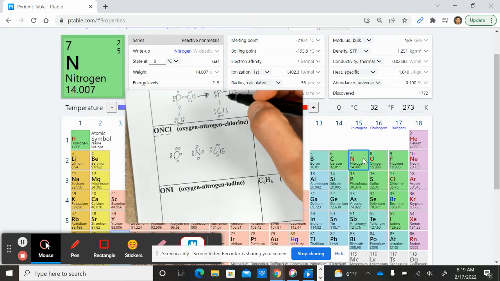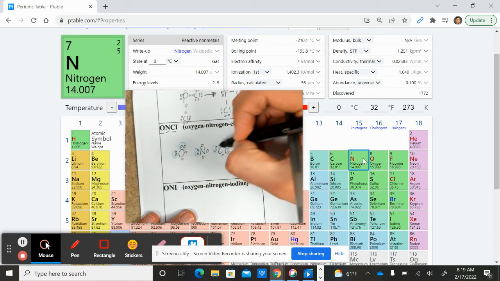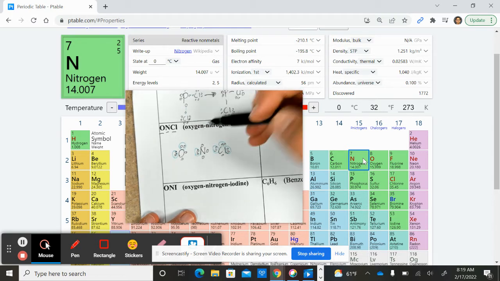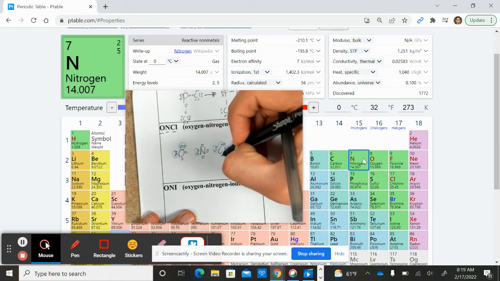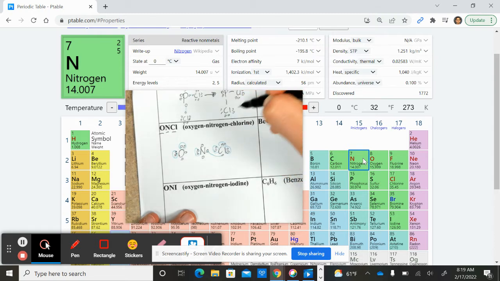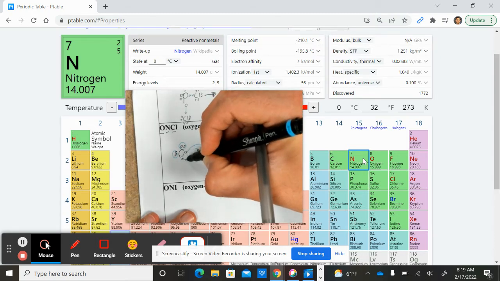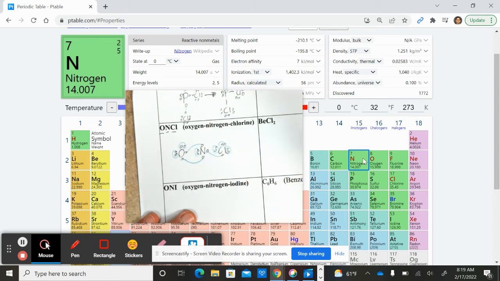Let's go ahead and circle our lone pairs that will not bond. All right. So now we find the element that has the most single dots, and it turns out to be nitrogen. So then in that case, we go ahead and bond everything to nitrogen. So I'm going to start with this chlorine, single to single, 1 single oxygen to another single nitrogen, and then our last single dot here.